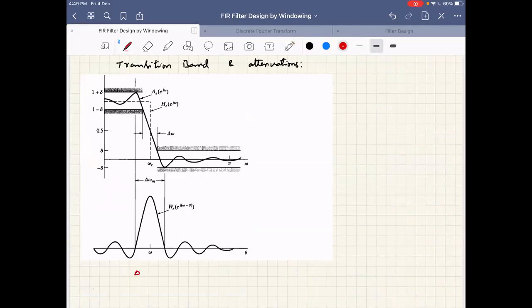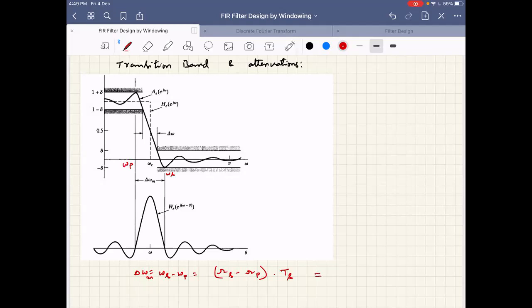So the transition bandwidth here, delta W, is WS minus WP. And since usually we are given the continuous time specifications, what we should do is take omega S minus omega P, multiplied by capital T, the sampling time, to get the transition bandwidth.